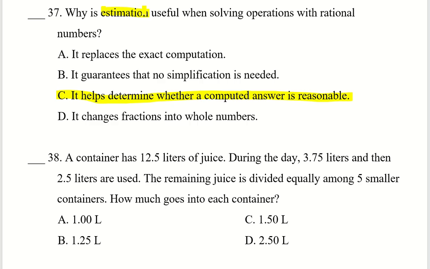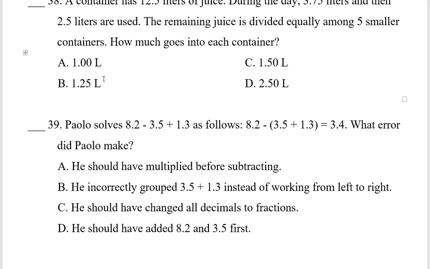38. A container has 12.5 liters of juice. During the day, 3.75 liters and then 2.5 liters are used. The remaining juice is divided equally among 5 smaller containers. How much goes into each container? Let's solve.